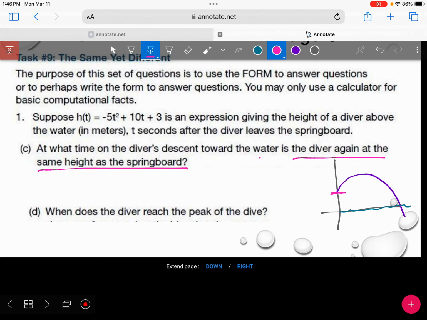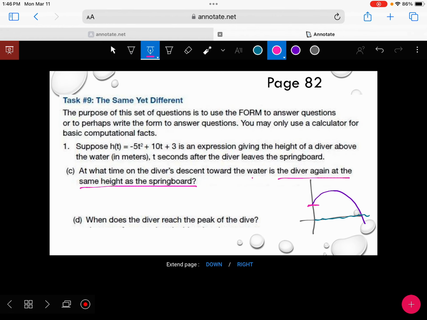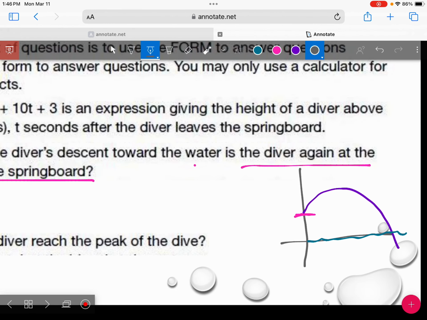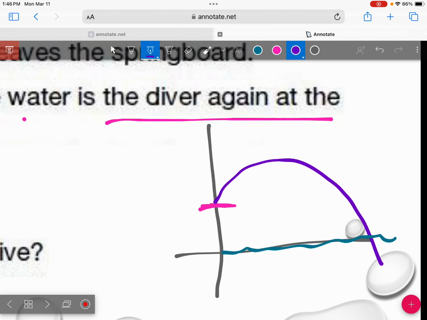How could we figure out when they were at the same height as the springboard? What's the height of the springboard? 3. So over here, what's the height? 3.